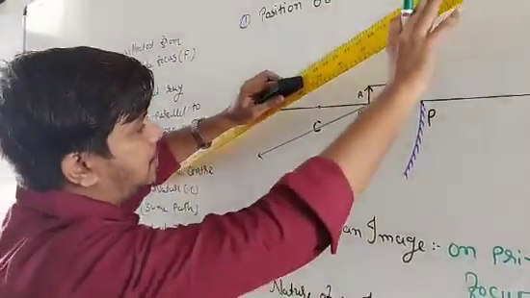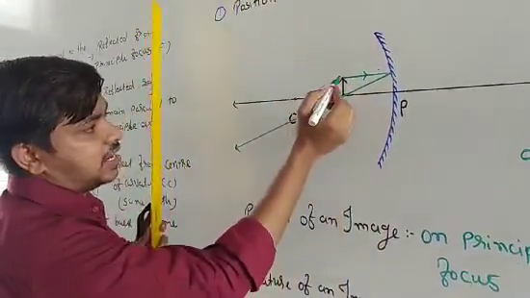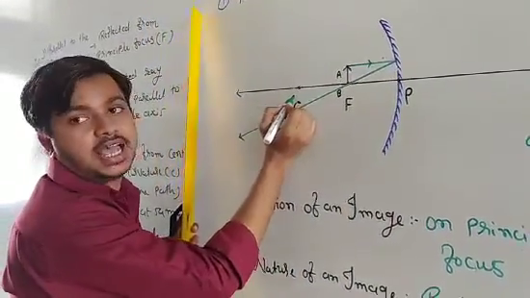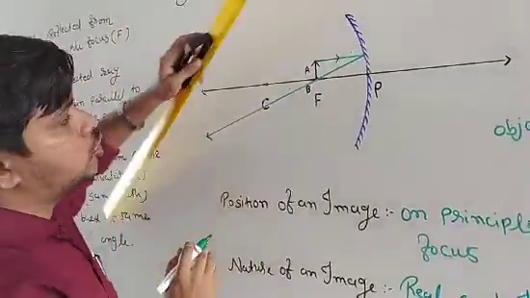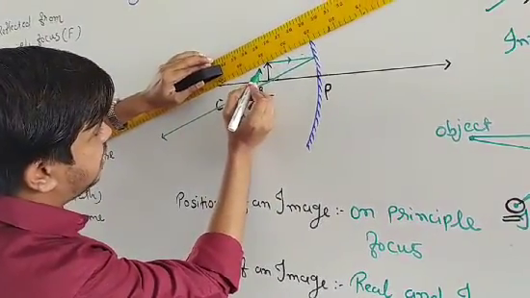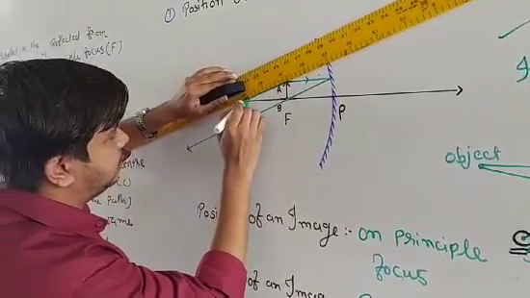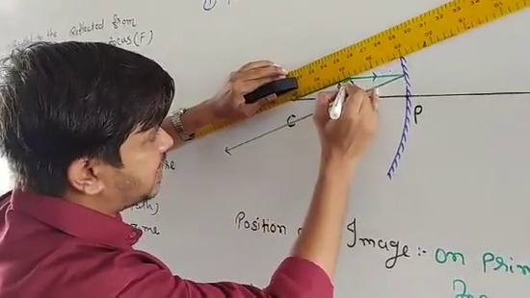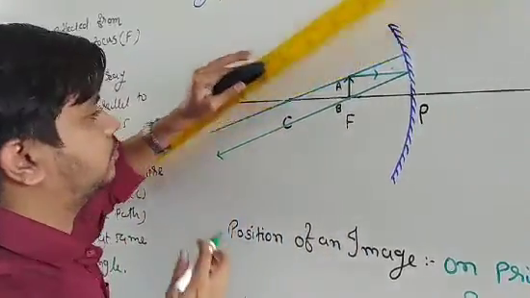Now the second one, passing through the center of curvature. As you know, the center of curvature is on the other side, not on the side of reflection, right? It is on the opposite side. So you have to put a scale so that C and A can be easily connected with each other. Then draw a line like that, then extend it forward and backward.